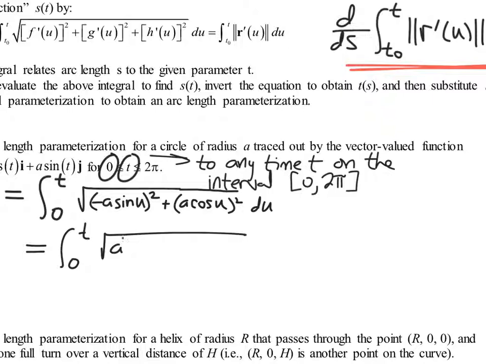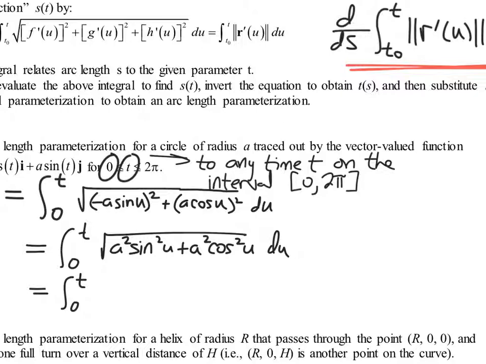So a squared sine squared u plus a squared cosine squared u du. A little bit of manipulation now is going to pay off in a few minutes. All right.